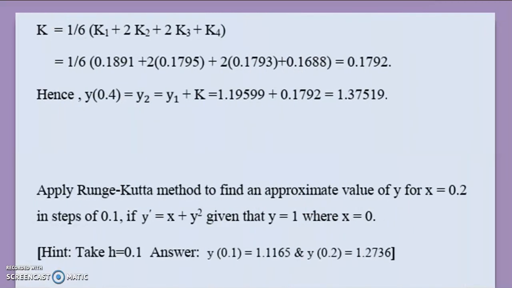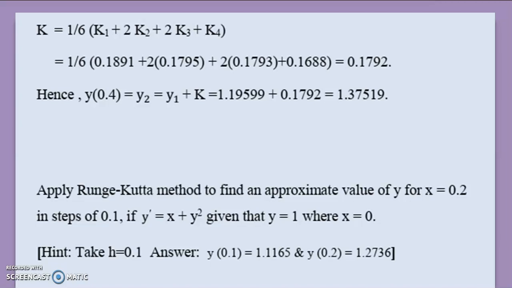Now k is equal to 1 by 6 of (k1 plus 2k2 plus 2k3 plus k4). The values are substituted in this formula, then we will get 0.1792. Hence y of 0.4 is nothing but y2. This is the second time we are using the Runge-Kutta method. y2 is equal to y1 plus k.